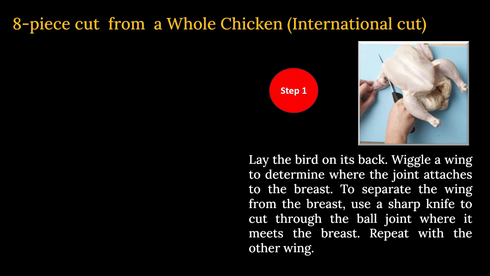Why? To locate the joint. Joint of what? You can see in the image, that is the winglet, the joint, and this is the breast area. So where the winglet is connected with the breast area, the joint is lying there. Once you wiggle it, you can locate the joint area.